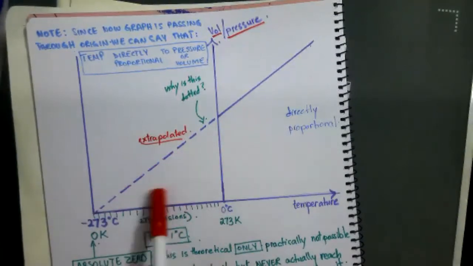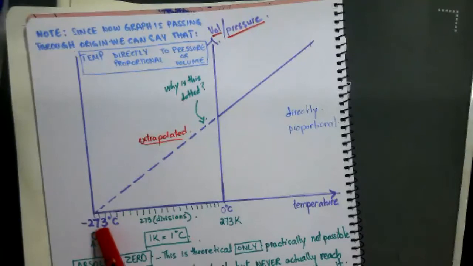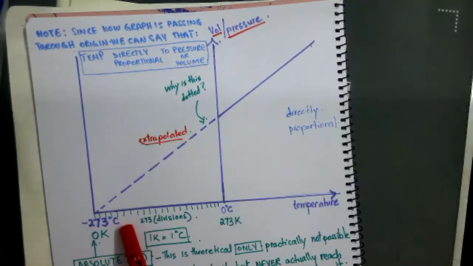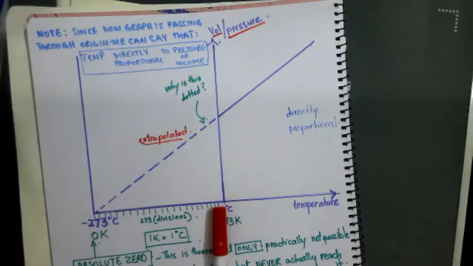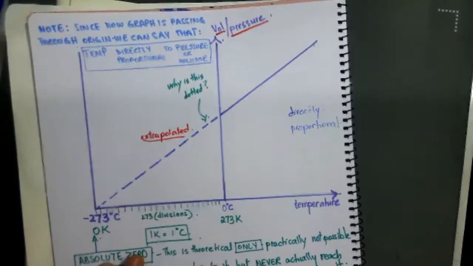And it is touching at minus 273 degrees Celsius. Minus meaning that you go 273 divisions backwards, or you go 273 divisions on the left side, on the negative side.